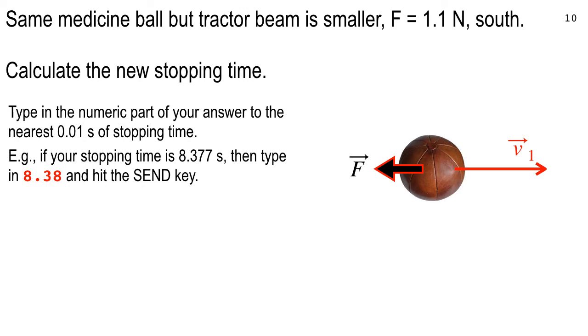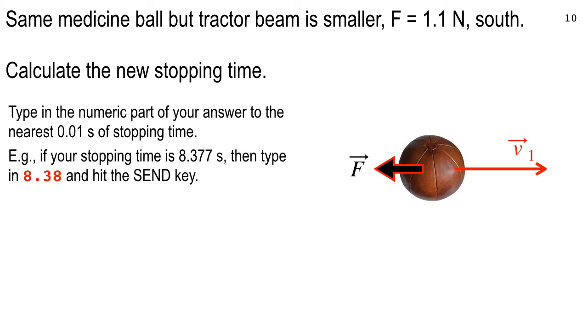All right, here's your question. Same medicine ball. Tractor beam is brand X, a little bit smaller, 1.1 newton. That's the mass of the medicine ball. So use that again.